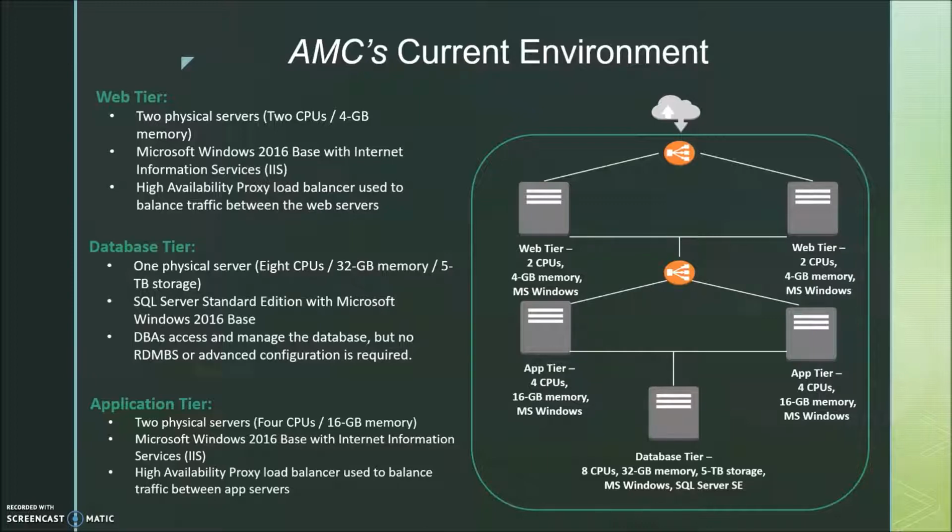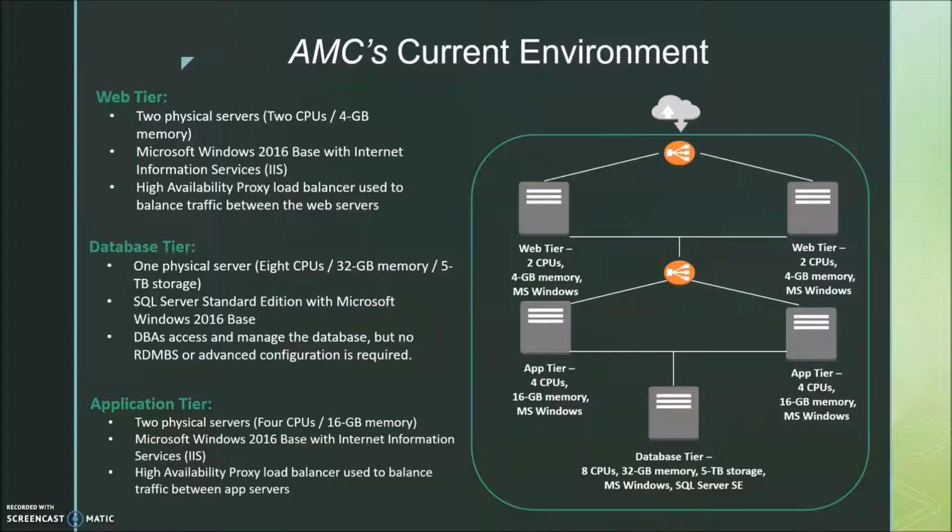The database tier consists of one physical server that has 8 CPUs, 32 GB of memory, and 5 TB of storage. It also runs SQL Server Standard Edition with Microsoft Windows 2016 base.